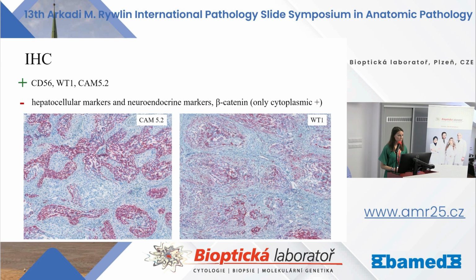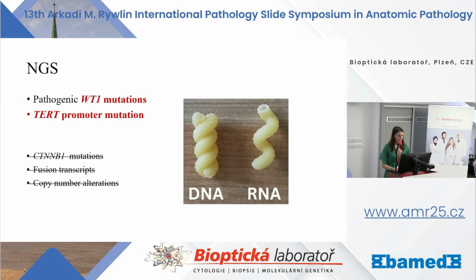Immunohistochemically, there was a positive reaction with CD56, WT1, and broad spectrum cytokeratins, and there was negativity for hepatocellular markers, namely arginase 1 and HepPar1. Also, neuroendocrine markers INSM1, synaptophysin, and chromogranin were performed, all negative, and also beta-catenin was negative, or there was only cytoplasmic positivity, no aberrant nuclear staining was observed.